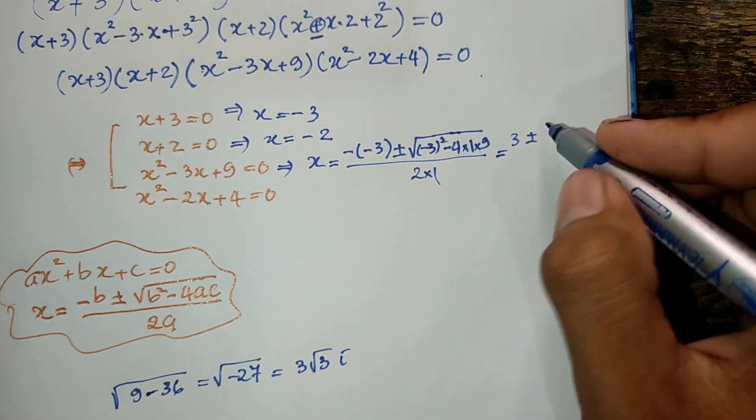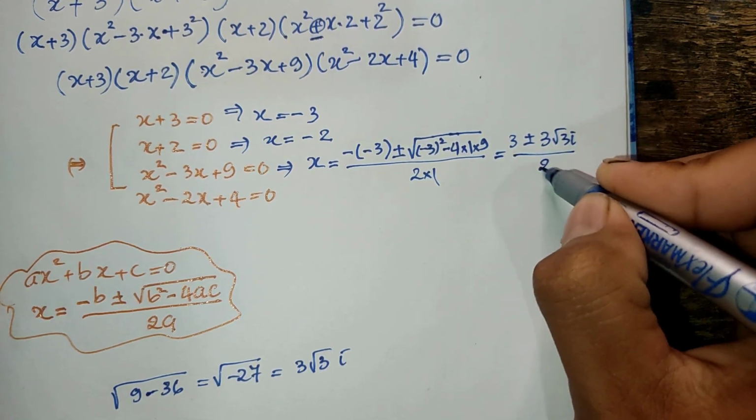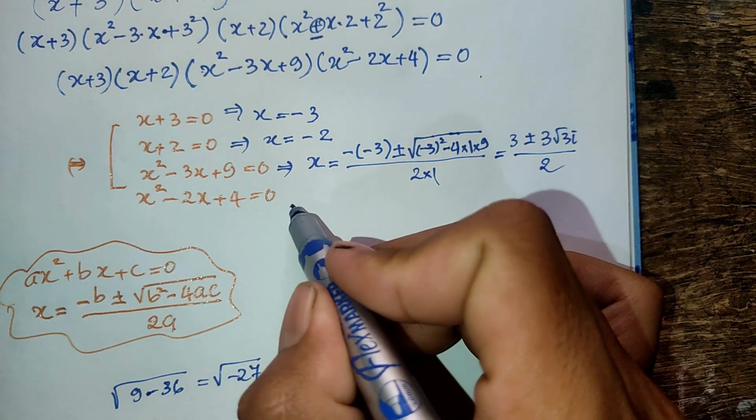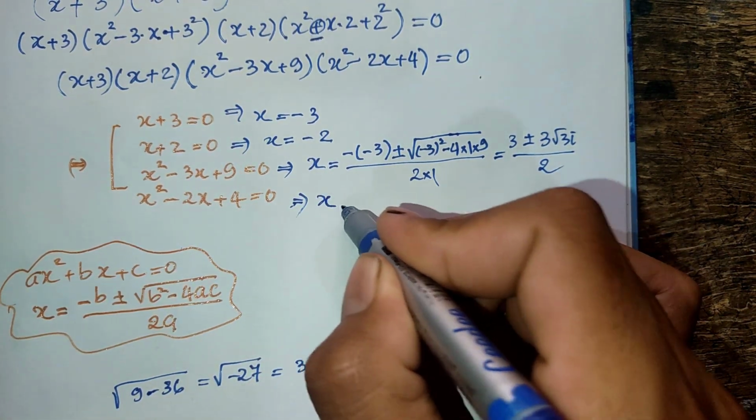So we get h equals 3 plus or minus 3 square root of 3 i, divided by 2.